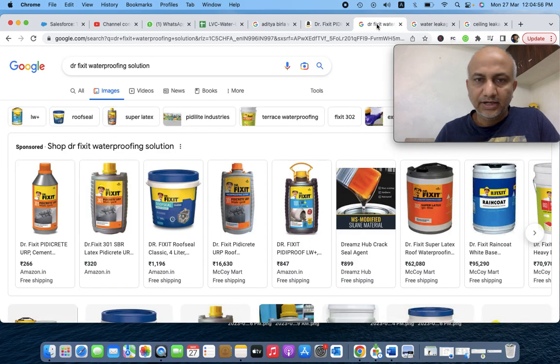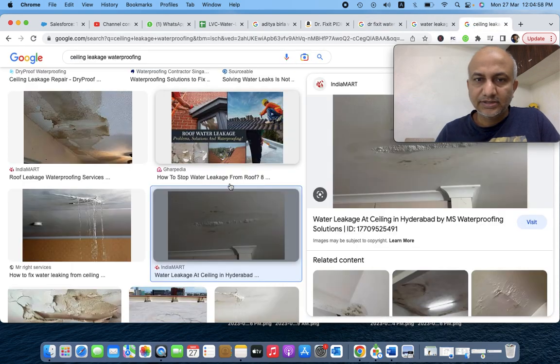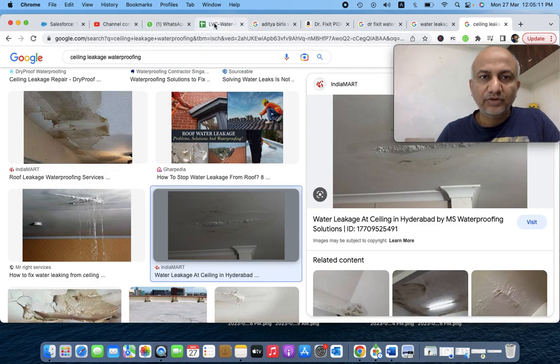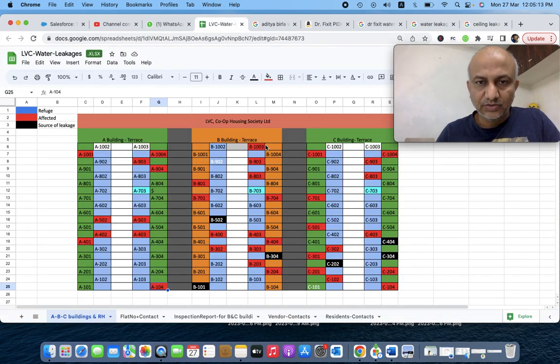On the other hand, if the leakage is at the ceiling, whatever the flat ceiling that we see, you would see marks like these. That means the leakage is from the floor above. So that way you have to analyze for this particular house 1003 where the water is coming from, whether it is within, and if this house's ceiling is also damaged, that means the terrace is a problem.